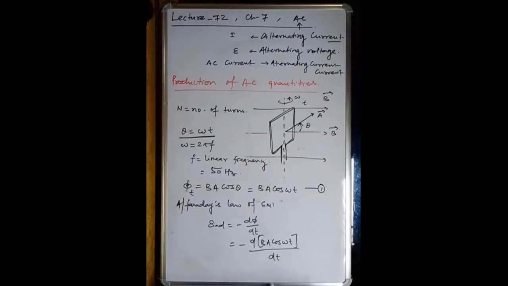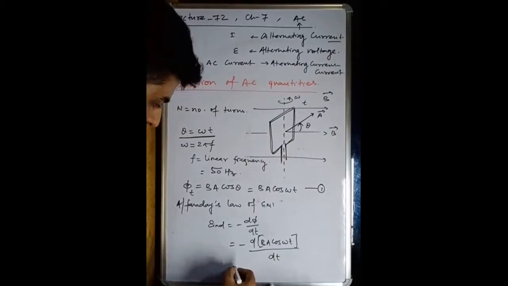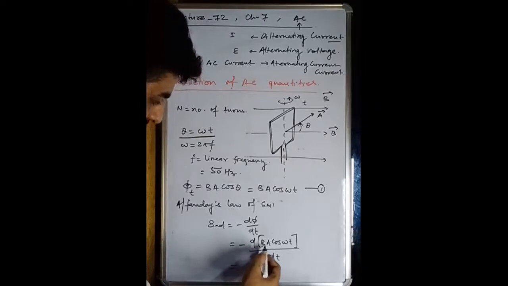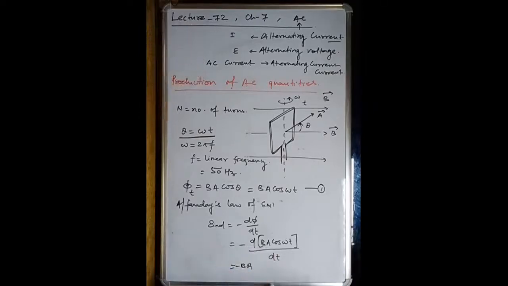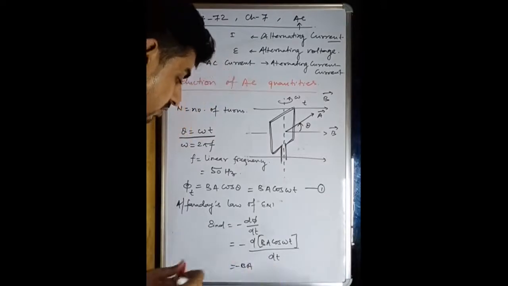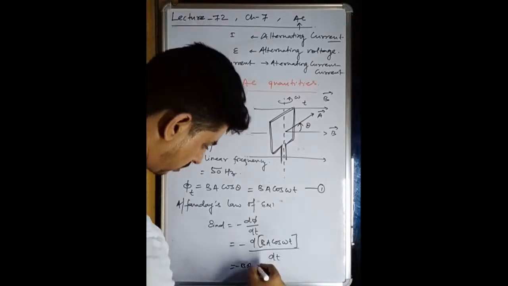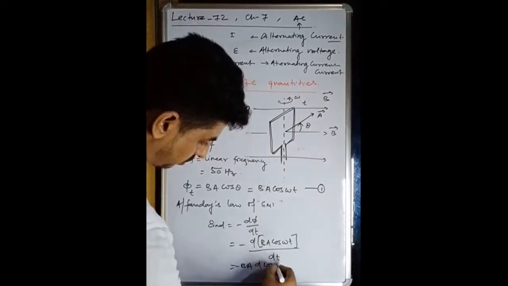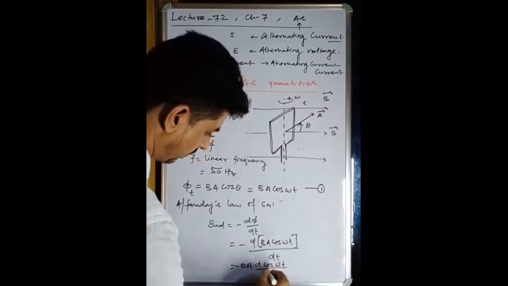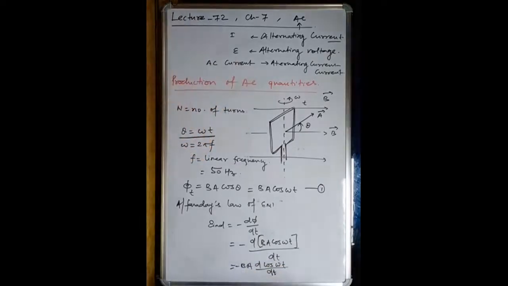Now, we can write here that B A are constant and taken out. B A constant, and then we will have d cos omega t over dt. I hope you understand.